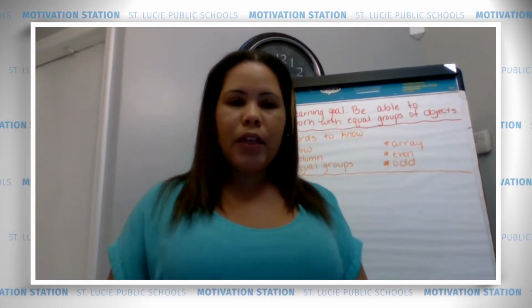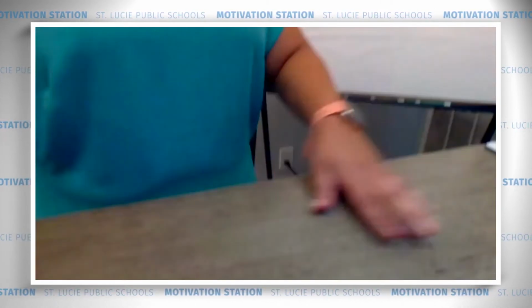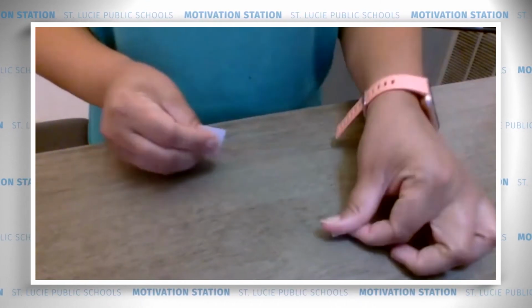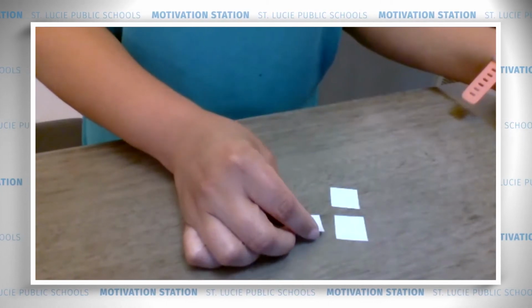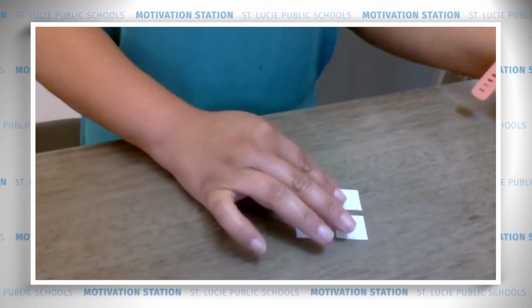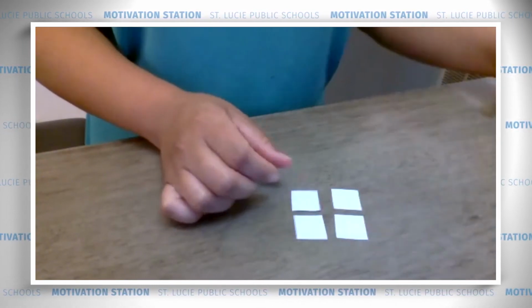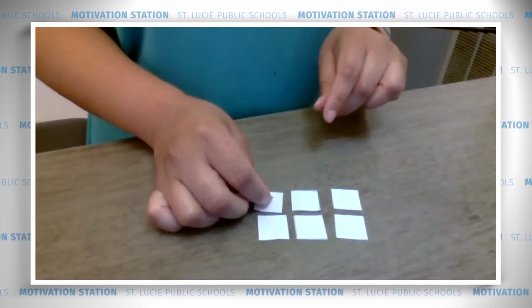Is 6 an even number or an odd number? As you are thinking, I'm going to count out 6 square pieces of paper, and I'm going to organize them into 2 rows so that each square has a pair. 1, 2, 3, 4, 5, 6.